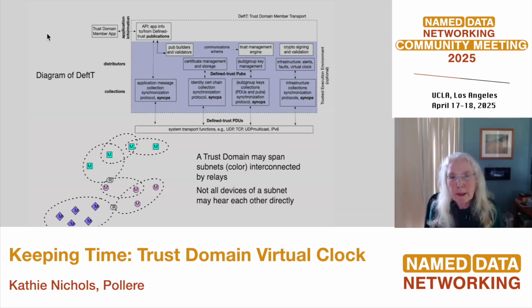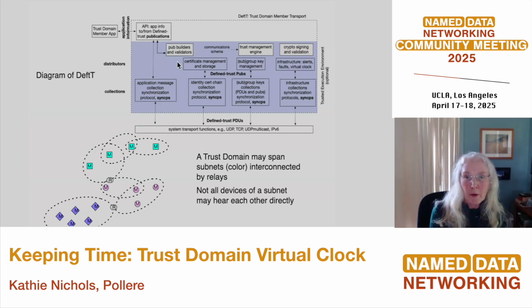So anyway, this upper part is what DEFT looks like. And on this first row, this stuff is all directly used by the communication schema. And over to the right-hand side are all the various infrastructure things that get done.